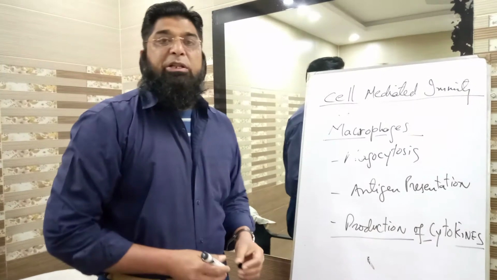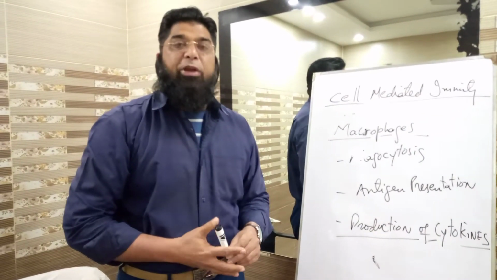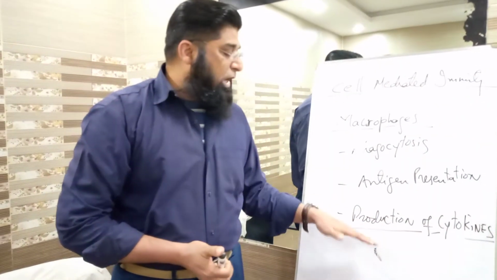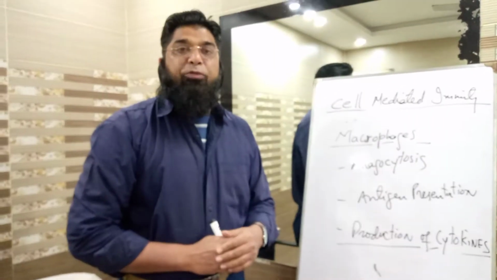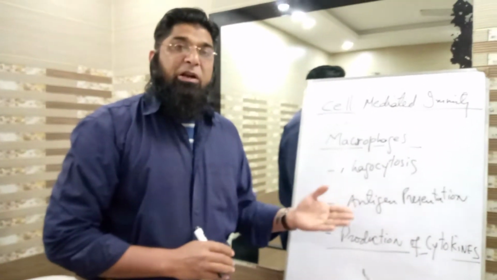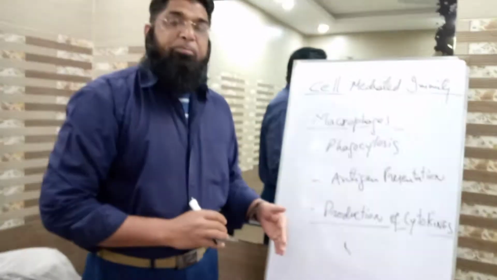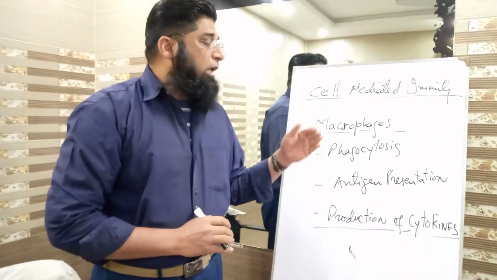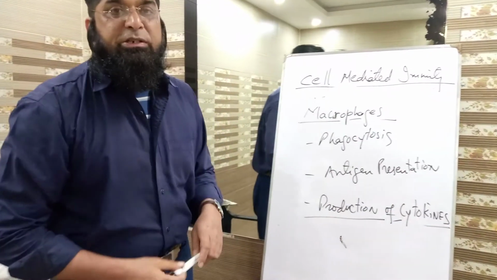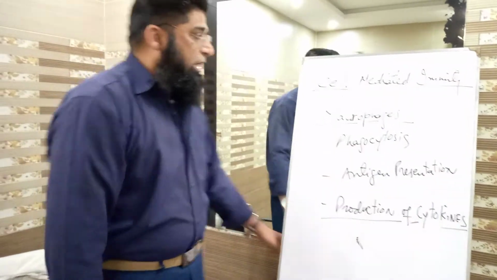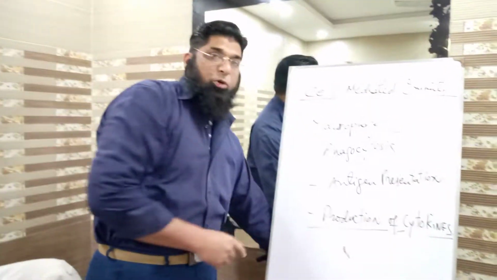These cytokines involve different types of interleukins which are produced by the macrophages, and in turn these interleukins activate the other cellular components of cell mediated immunity. This was brief about macrophages.